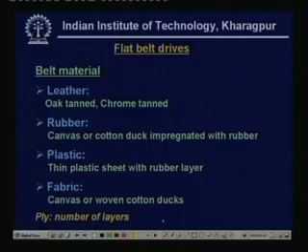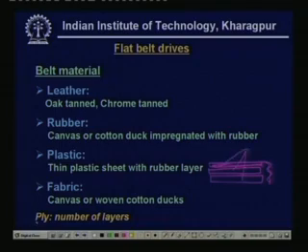Now, these belts can be looked upon as one layer, another layer, and another layer. Like that also one can build up a belt thickness. The word ply means the number of layers.